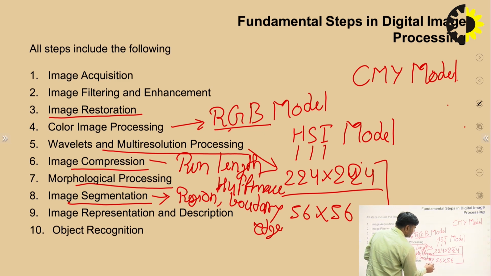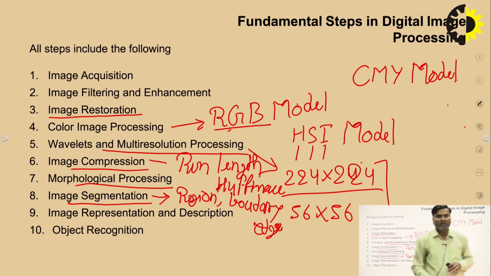Basically, in image segmentation, we partition an image into multiple parts, for which we have approaches like region approach, boundary approach, and edge approach. If you talk about the region approach, there are 3 algorithms: region growing, region splitting, and region merging. These are the algorithms for region approach.